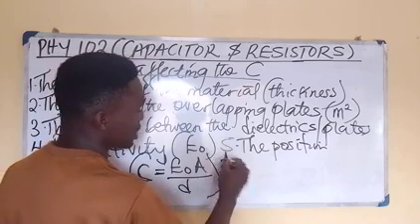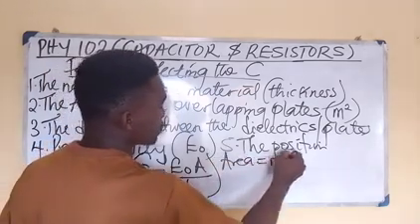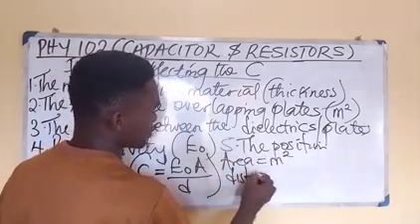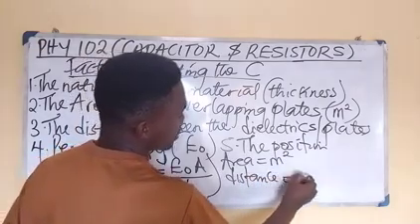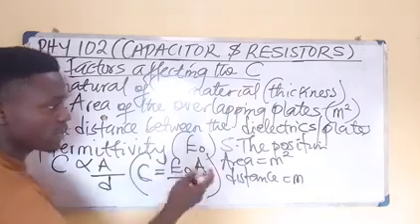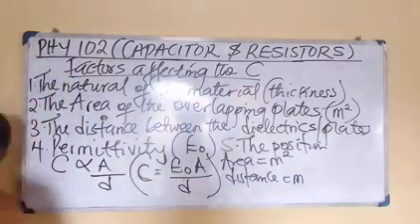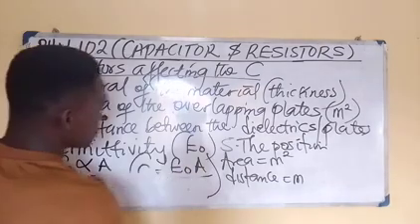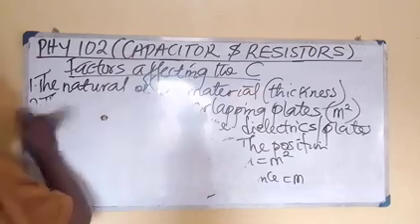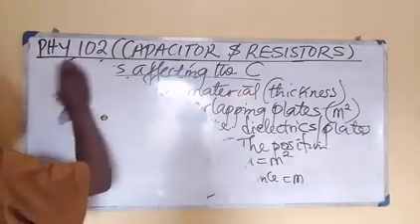Don't forget that the area is in meter squared, and the distance is in meters. So these are the factors affecting the capacitance of a capacitor.